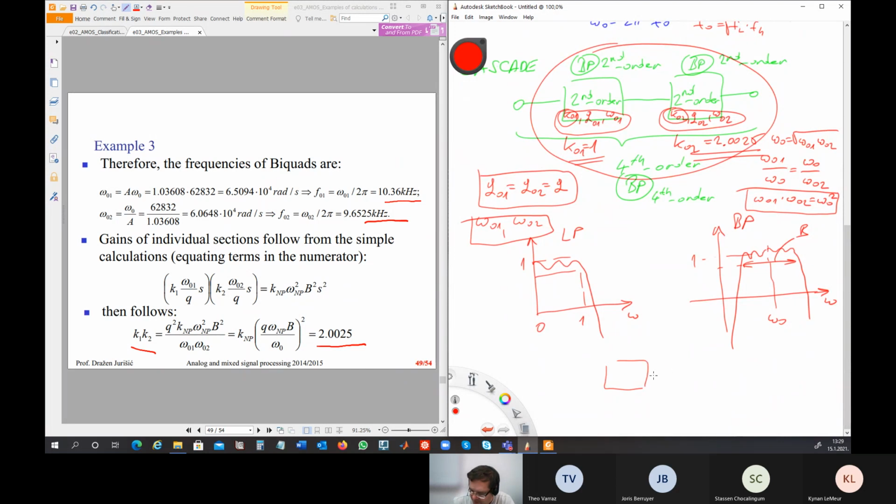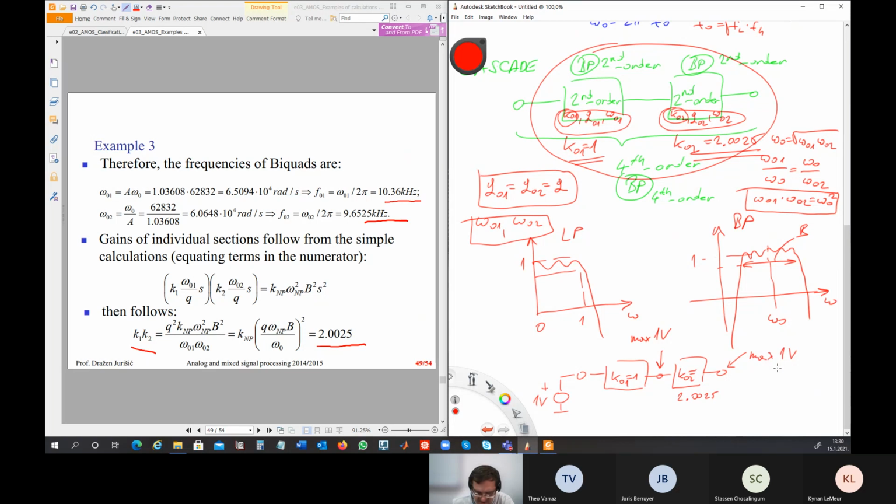Because if you have two biquads in cascade, and you have K01 equal to 1 and K02 equal to 2.0025, then if you put here a maximum voltage of 1 volt, then here you will also have maximum 1 volt, and here you will also have maximum 1 volt.